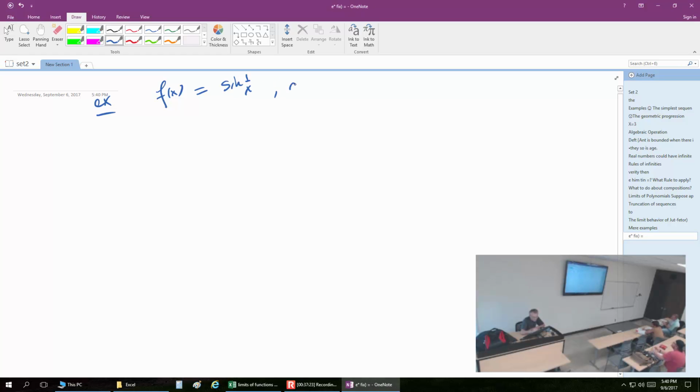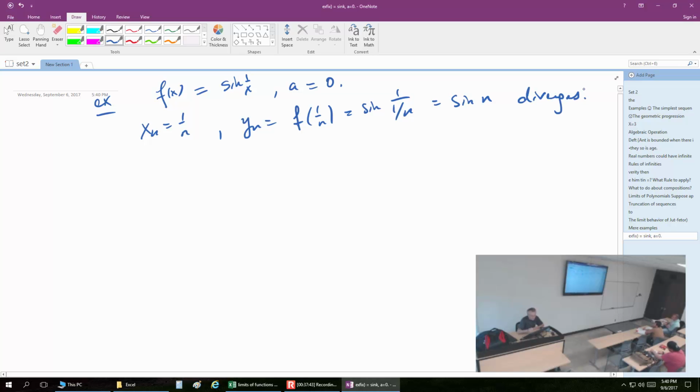Okay, so at a equals 0 again, let's review what we already did. xn is equal to 1 over n. yn is equal to f of 1 over n, which is sine of 1 over 1 over n, which is equal to sine n, and this one diverges. Okay, so that already concludes there is no limit by definition.